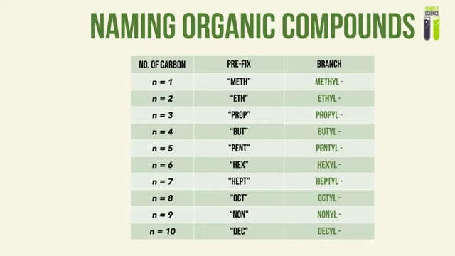If we name the branches, we just follow the prefixes with the letters YL, and then we connect the name of the branch to the front of the name of the alkane itself. So we have something like methyl propane, methyl ethane, propyl butane, and so on. Well, propyl butane does not really exist. Sorry, it will depend, as you can see later.